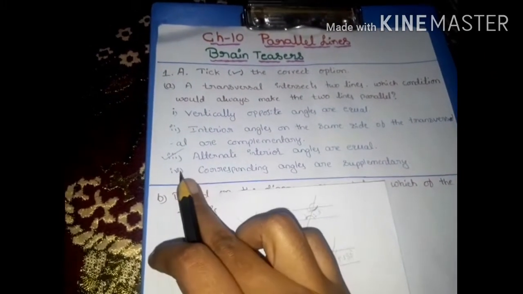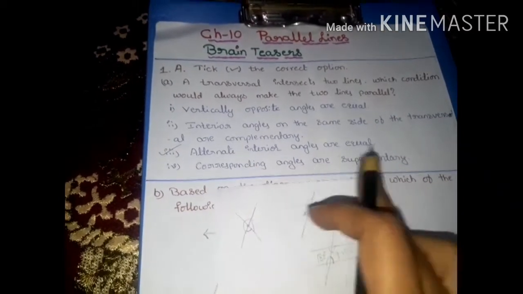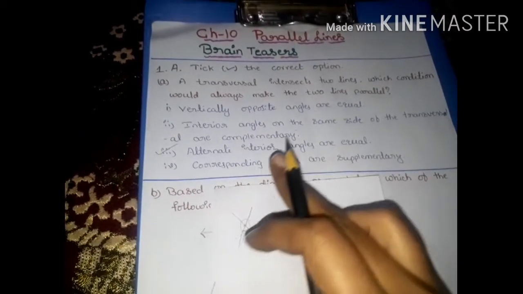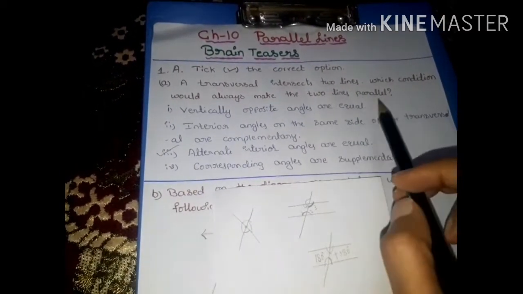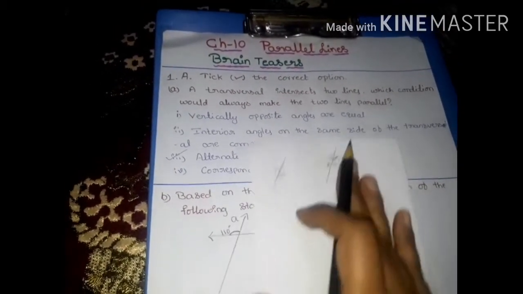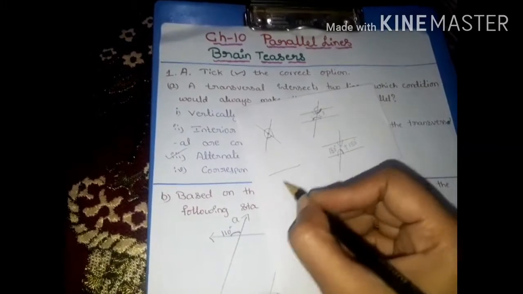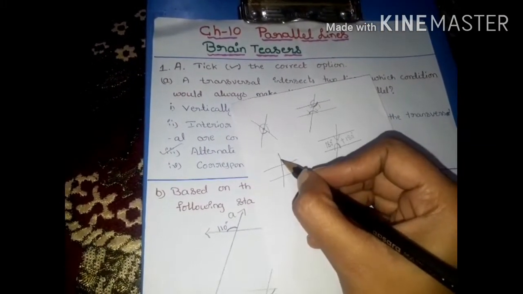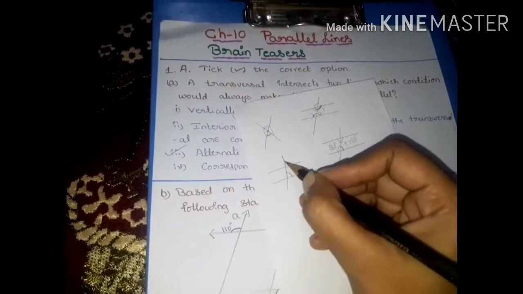Last one. Fourth option: corresponding angles are supplementary. Always, to make two lines parallel, corresponding angles are equal. Corresponding angles are the angles where one is outside and one is inside. These two angles are called corresponding angles.